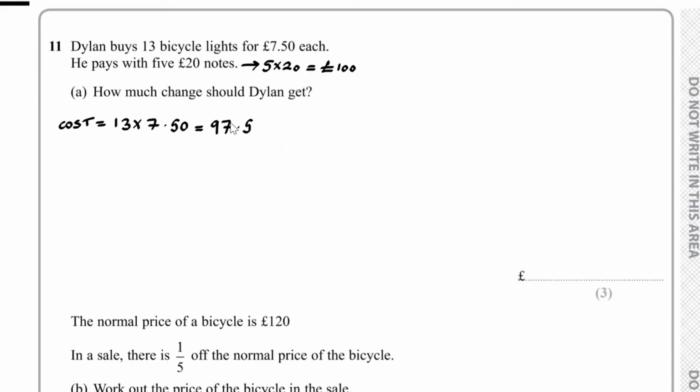So that's the total cost, and therefore the amount of change he will get is equal to 100 minus the £97.50, so he will get £2.50 change.